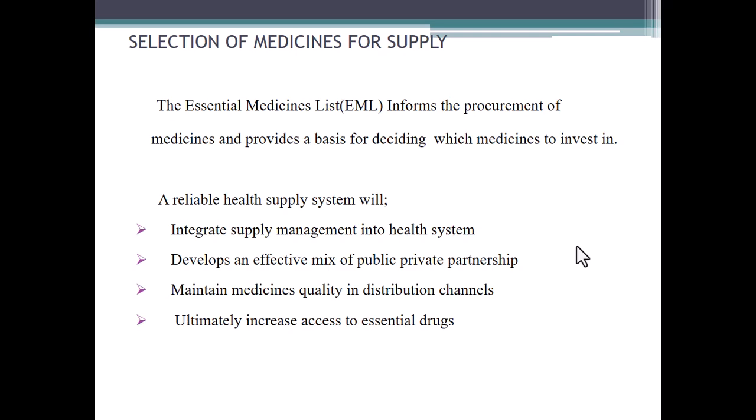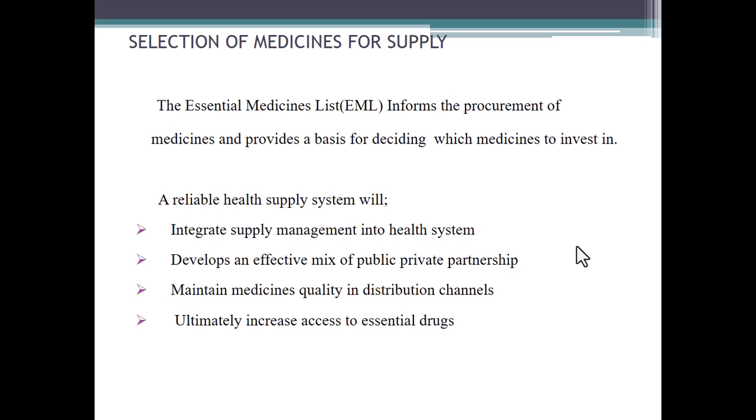Even on a hospital basis, there is distribution from the hospital to different wards or departments within the hospital. And then finally, you distribute from those different departments to the consumer, and our consumers are our patients. Okay. So what do you need to know when you're selecting these medications? You need to have the essential medicines list, which informs you on what you can procure based on the standard and the setting of your facility.